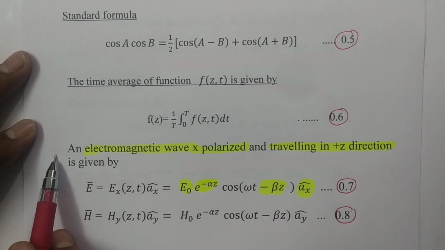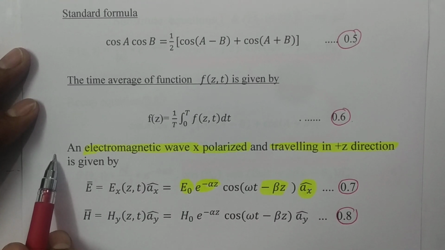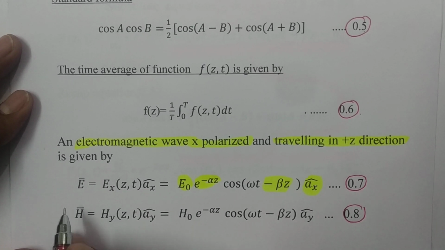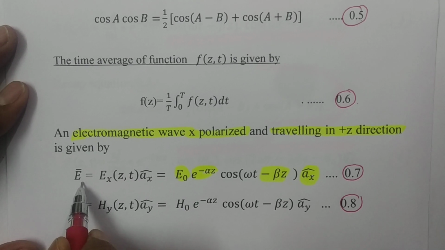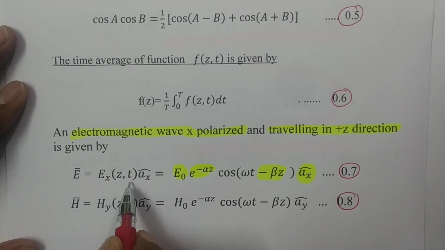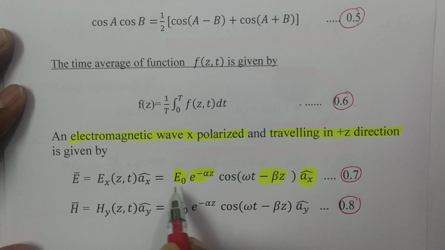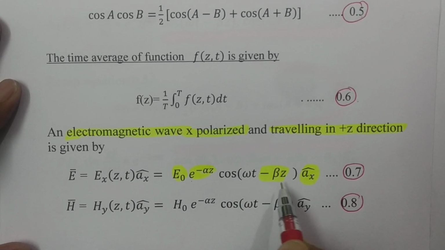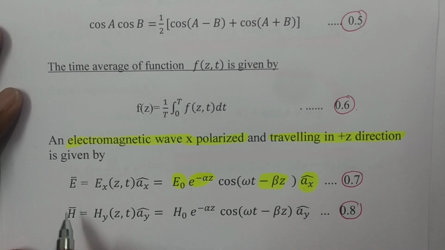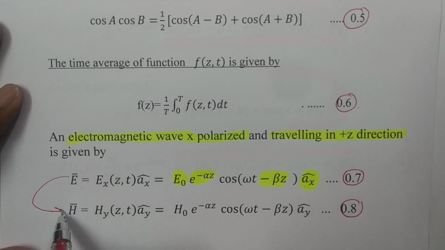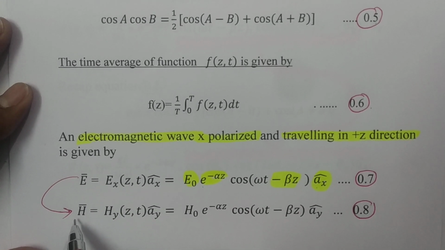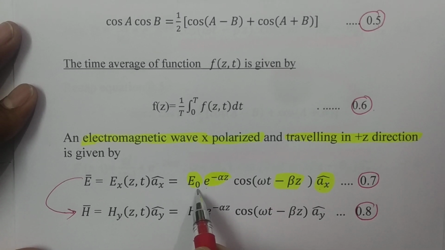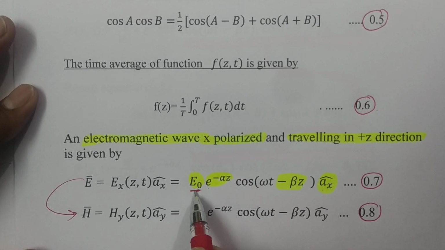An electromagnetic wave x polarized and traveling in z direction, its electric field component is given by E bar is equal to Ex of z comma t Ax cap, that is equal to E naught e power minus alpha z cos omega t minus beta z Ax cap, and its corresponding magnetic field is given by equation 0.8, and in equation 0.7 E naught is the magnitude of the electric field.